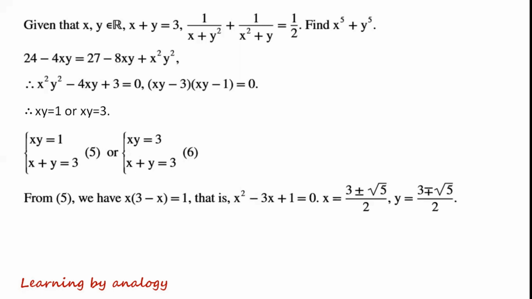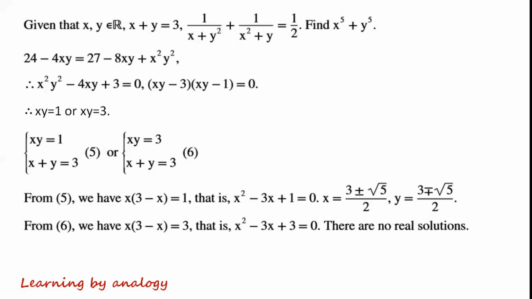That is x squared minus 3x plus 1 equals 0. x equals (3 plus or minus root 5) over 2, and y equals (3 minus or plus root 5) over 2.